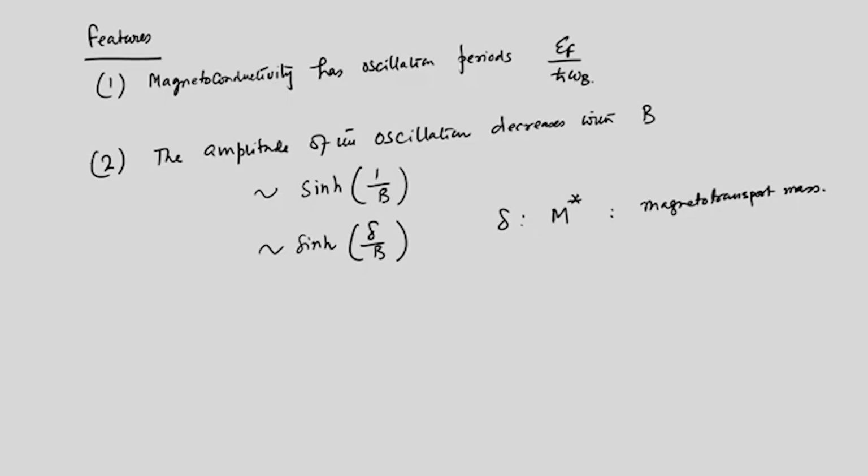So, what happens physically is that as the magnetic field increases, the Landau levels sequentially cross the Fermi level. Okay. So, let me remind you that you have these Landau levels, which are equally spaced, and these Landau levels are slightly broadened because of the presence of disorder.